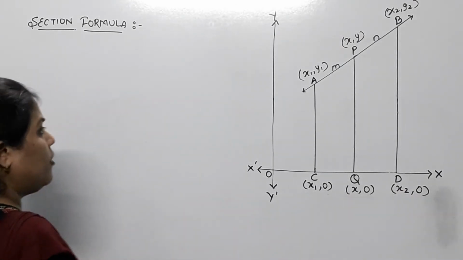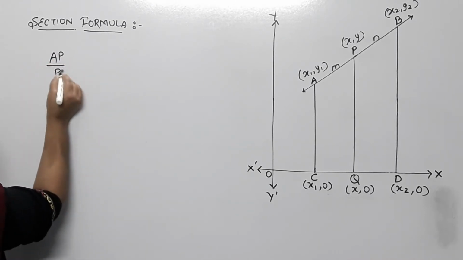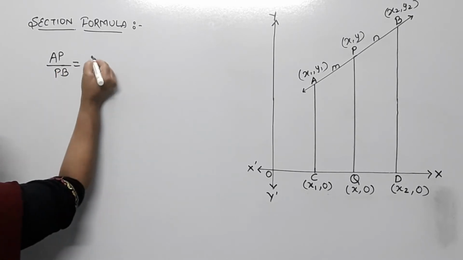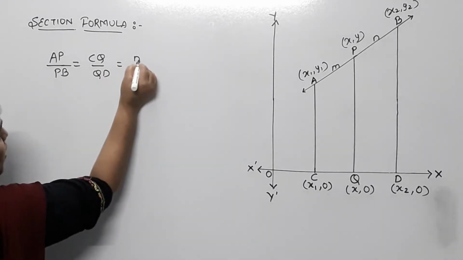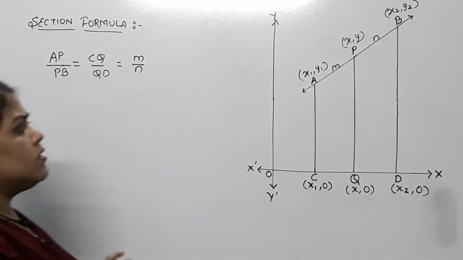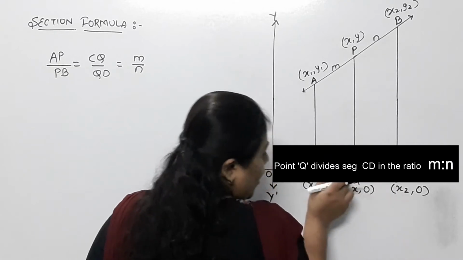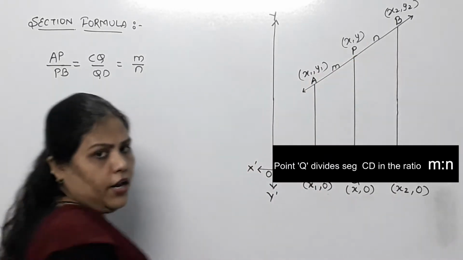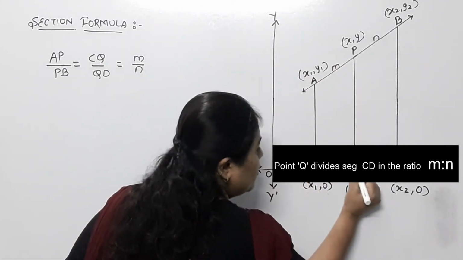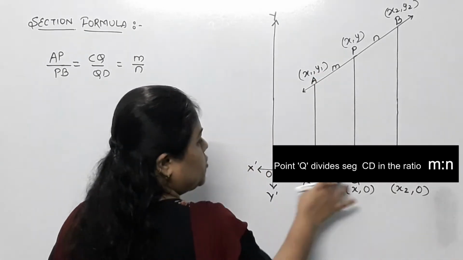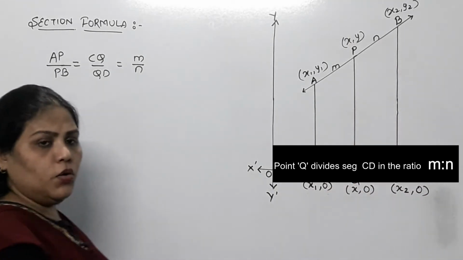So by the intercepts of three parallel lines, AP upon PB is equal to CQ upon QD is equal to m upon n, because CQ and QD are also divided in the same ratio, since these are three parallel lines. Here I can mark 90 degrees because AC is perpendicular to the x-axis, PQ is perpendicular again, and BD is also perpendicular to the x-axis.